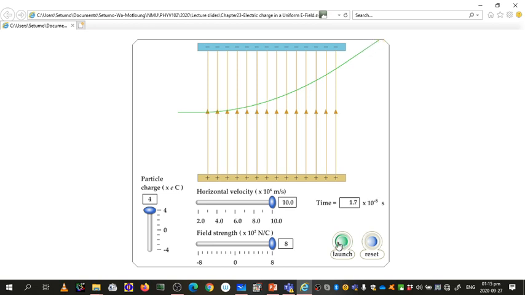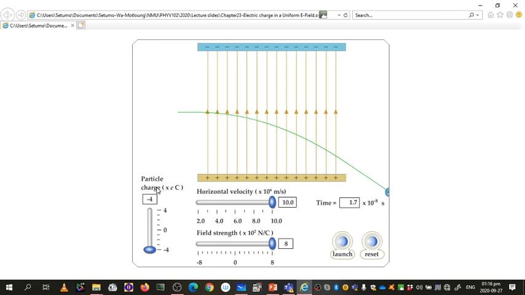Now I can change the polarity of the charge, and make it a negative charge. If it's a negative charge and I launch it, the moment it reaches the region of the electric field, it will experience a force, and it will divert to the positive side of the plate.